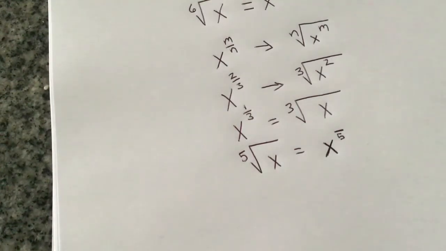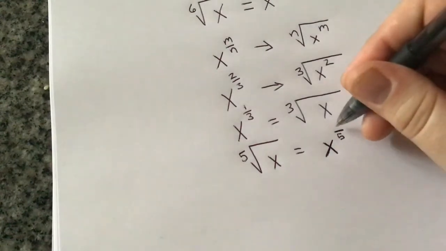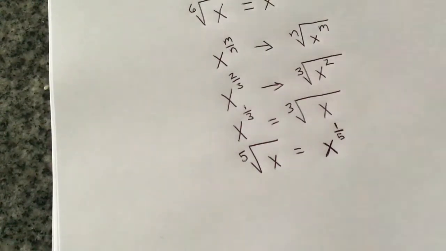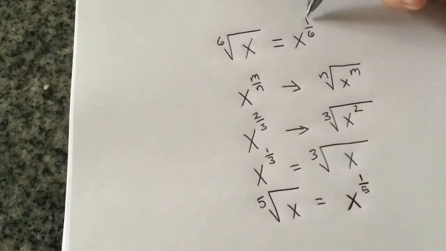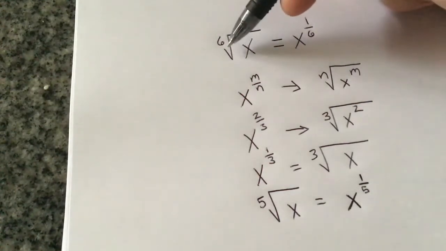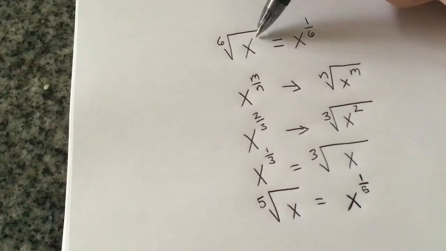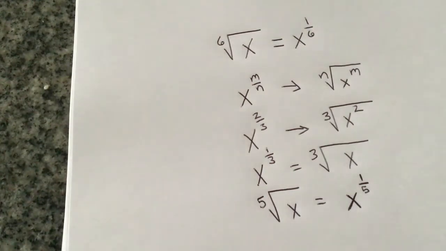We don't see a number there, so we just know that it's 1. So the 5th root of x would be the same thing as x to the 1/5 power. That's how I got this at the very beginning, saying the 6th root of x is x to the 1/6, because its denominator is what root we're taking, 6. Its numerator is its exponent underneath that radical.